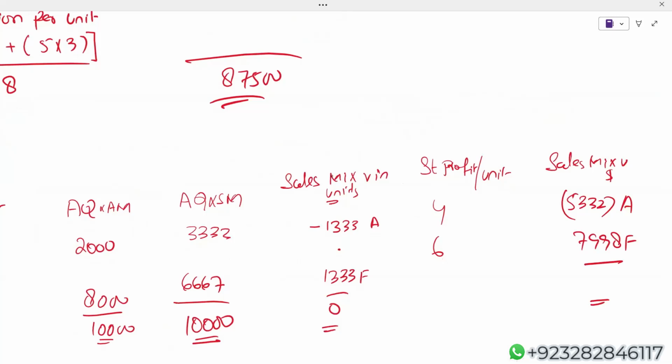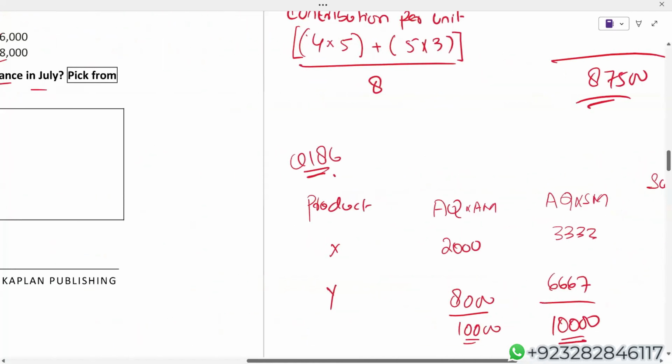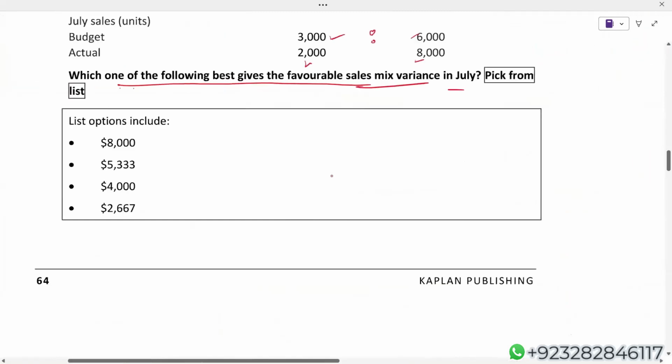Students, overall we are getting 2,666 favorable. Okay, let's see the options. Can I say the last one? Of course, we got the answer 2,666. Here it is 67. It's the same thing. No issue at all.